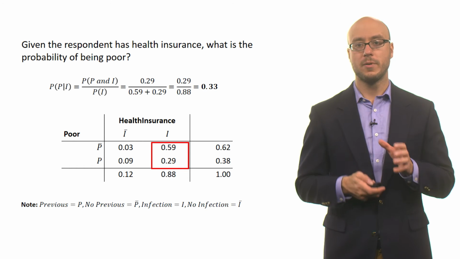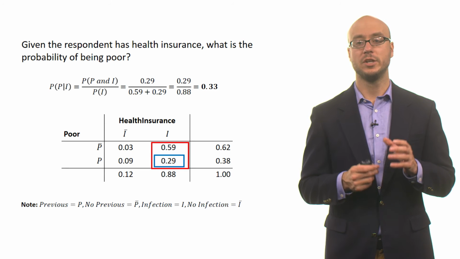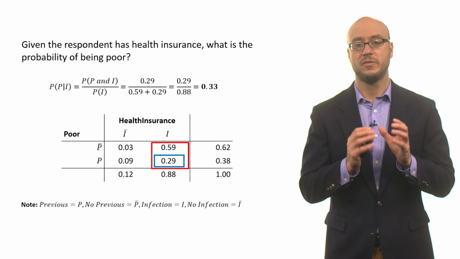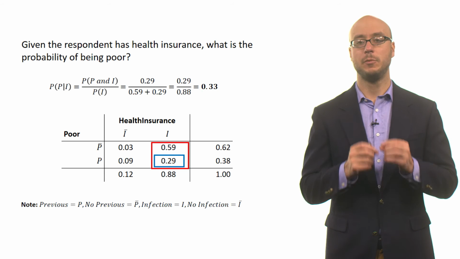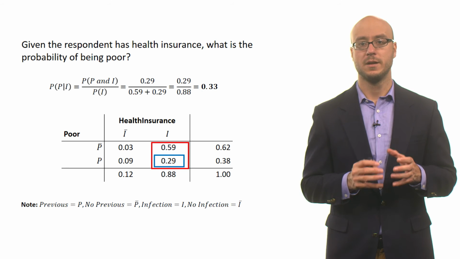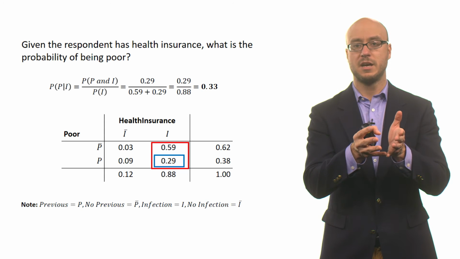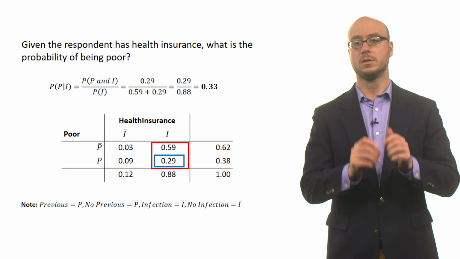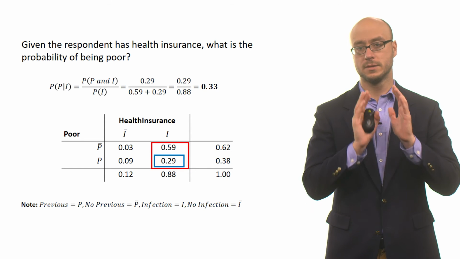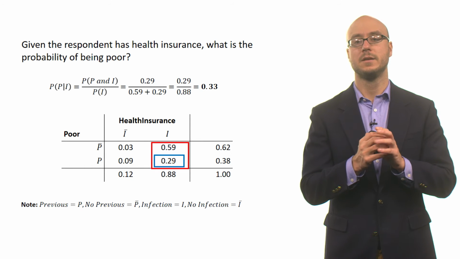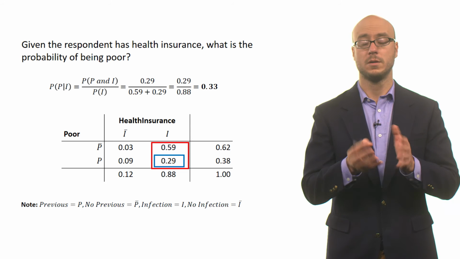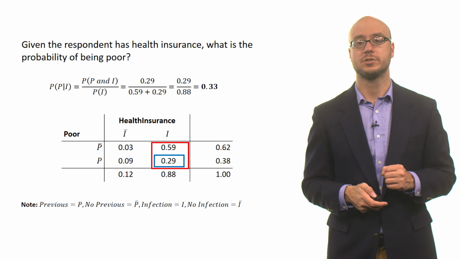But the joint probability is, again, 0.29. So the probability of P given I is 0.29 divided by 0.88, and we get 0.33. So given a respondent has health insurance, what is the probability of being poor? About 1 out of 3. You're less likely than not to be poor given that you have health insurance.